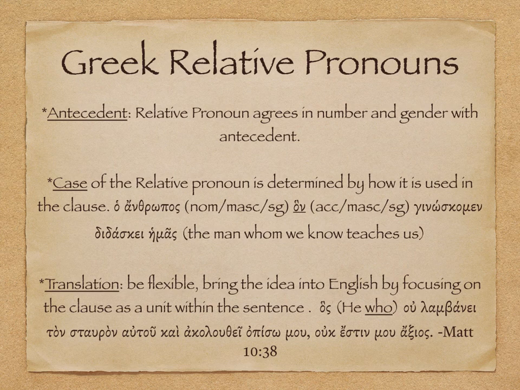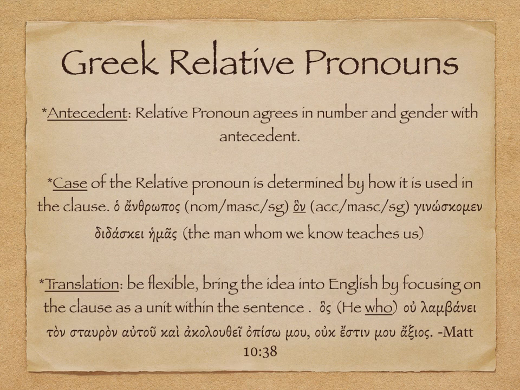The relative pronoun agrees with the antecedent in number and gender. But the case of the relative pronoun is determined by how that word is used as a relative pronoun in that clause. And here's an example.